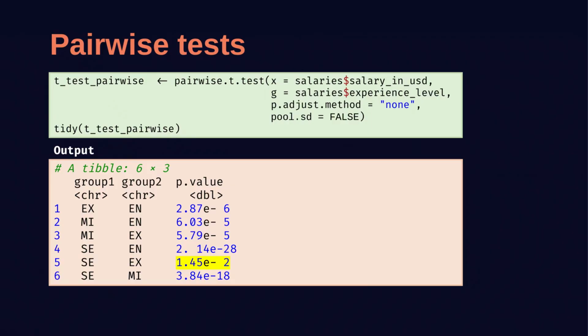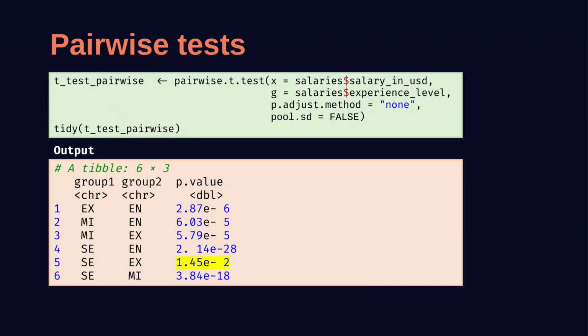The argument x is used to set the response variable, in this case the salary in USD column. g is used to set the grouping argument, in this case the experience level. Setting pool.sd equals FALSE tells R not to pool the standard deviation across groups. Instead, each pairwise t-test will use each group's own standard deviation separately.